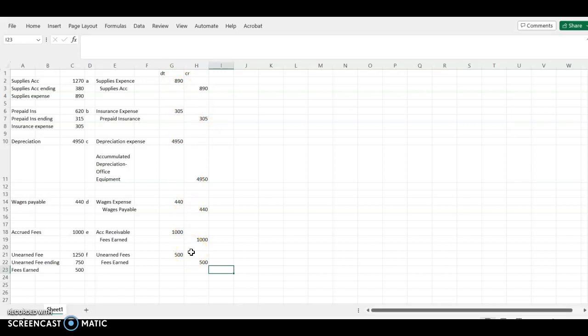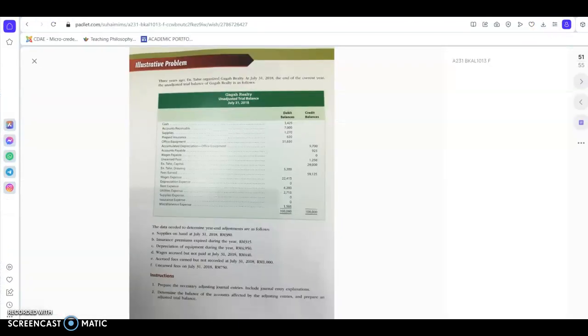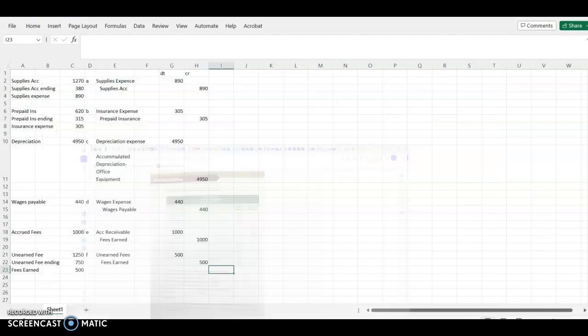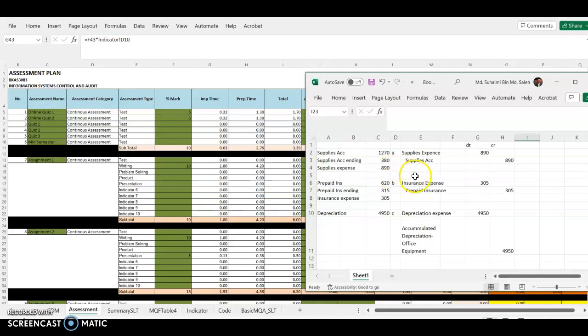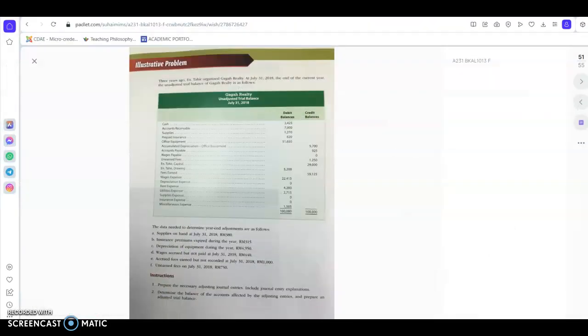So we can proceed with the next step, which is, it would be advisable to copy back all the accounts into this side. Hope you can see.